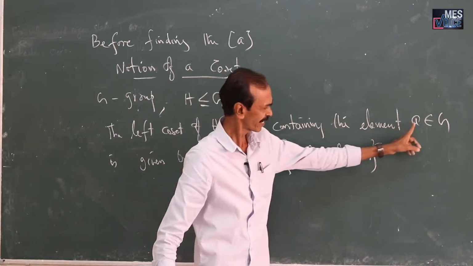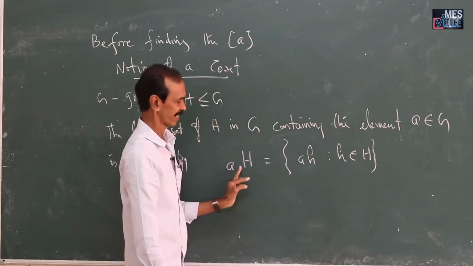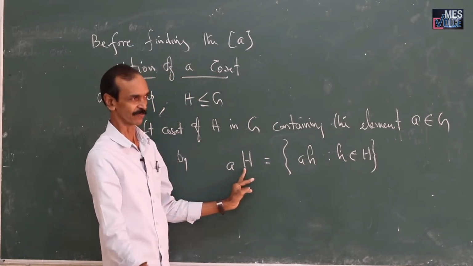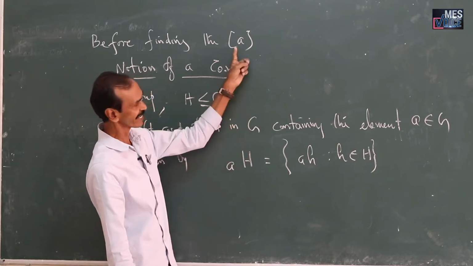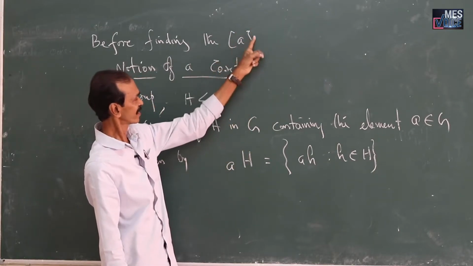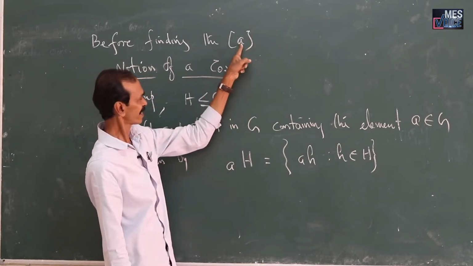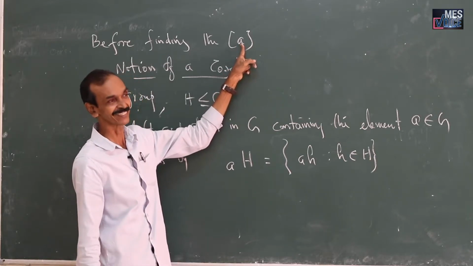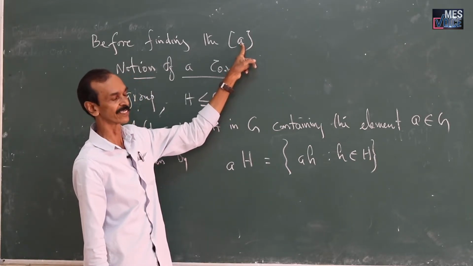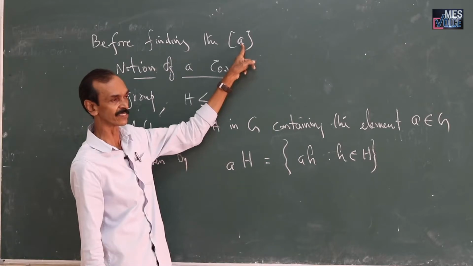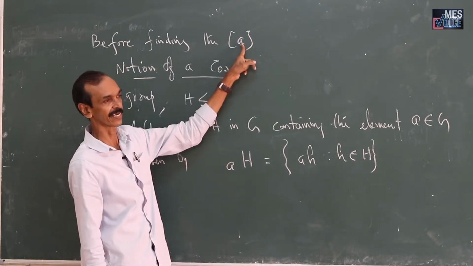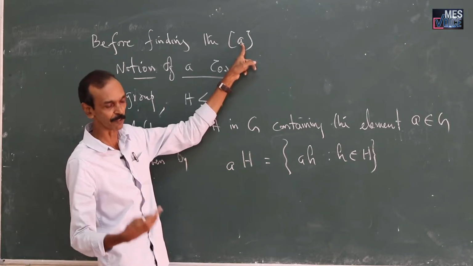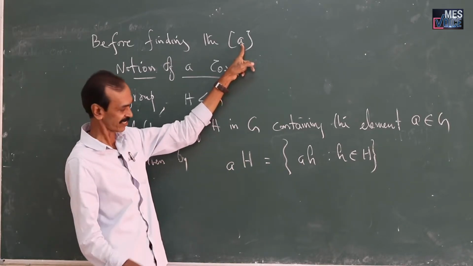Here this A is nothing but a representative, because we are going to relate these cosets with equivalence classes, and in this equivalence class A is a representative. You know that in the case of an equivalence class, every member of the equivalence class can have the property of being a representative.